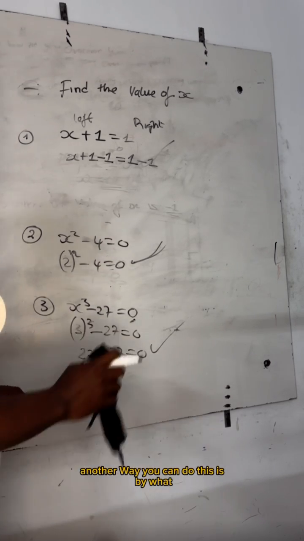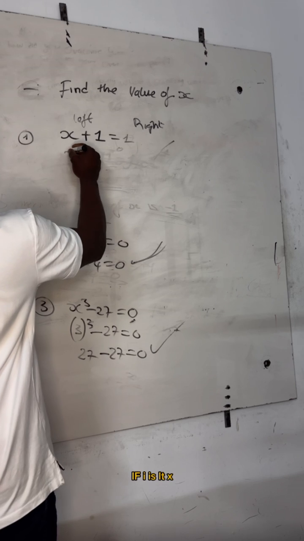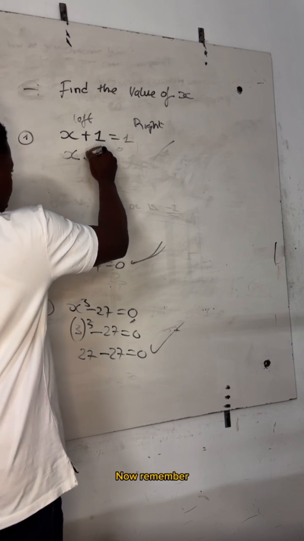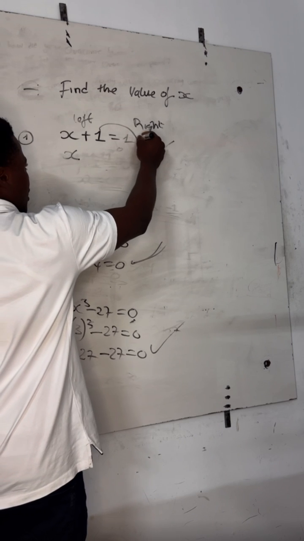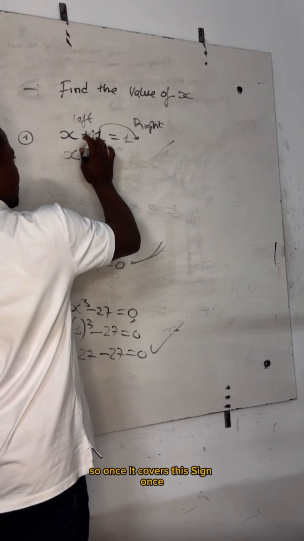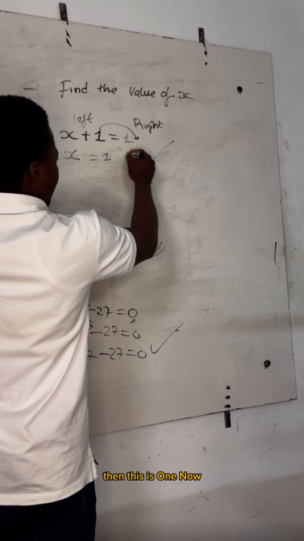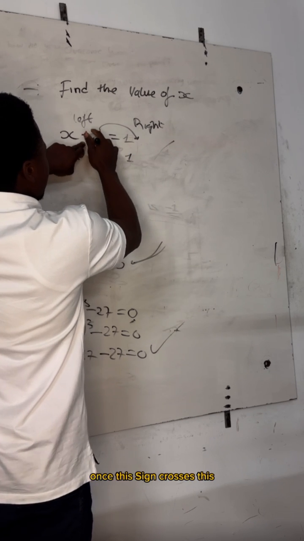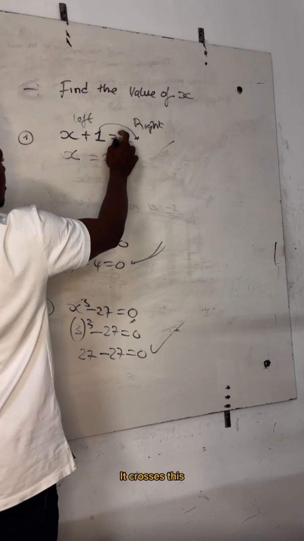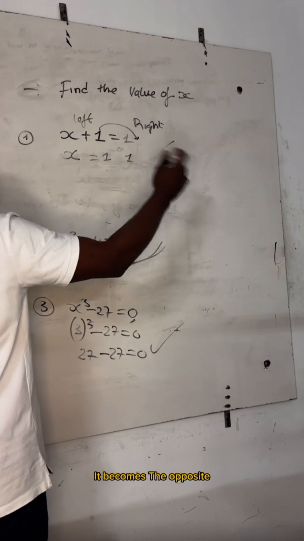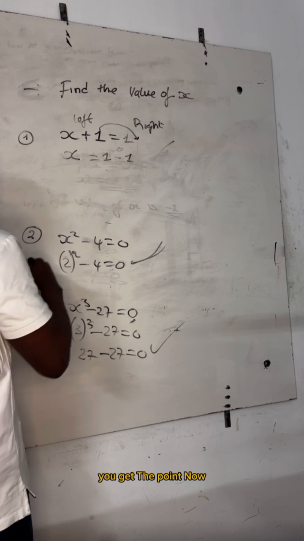Another way you can do this: once this crosses over and comes here, it becomes 1. Now once a sign crosses over, whatever the sign is, it becomes the opposite, which is minus. You get the point?